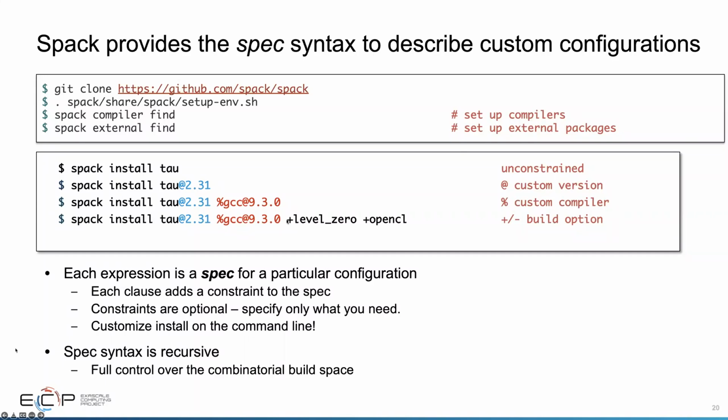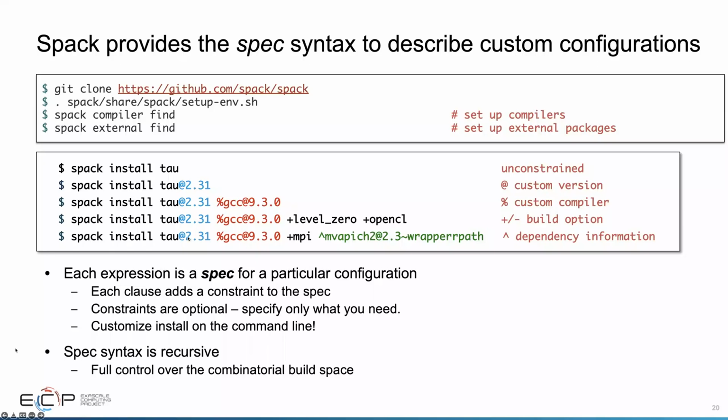Now, if I'm using an Intel GPU, I may have a board like a DG1 discrete graphics GPU, and I can say plus level 0 or plus OpenCL, and then it will enable the OpenCL and level 0 options.